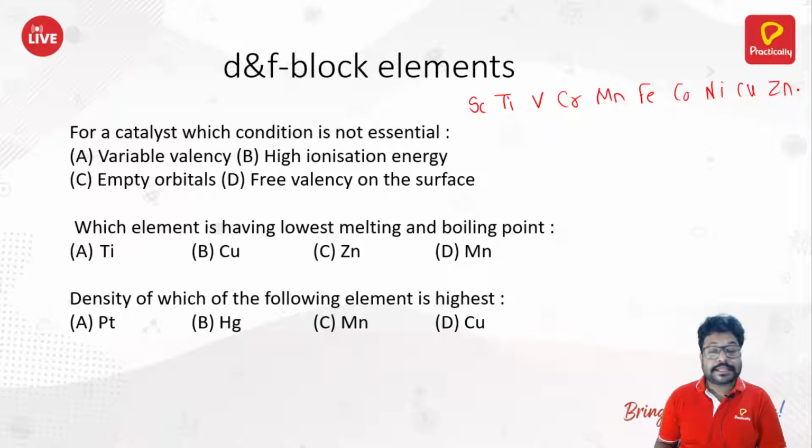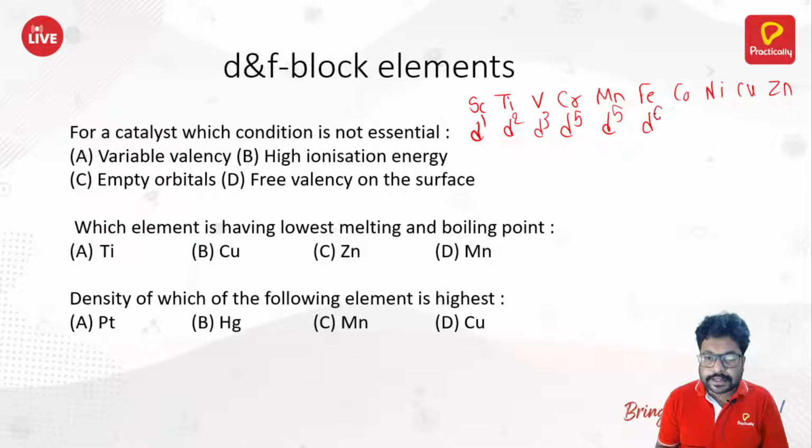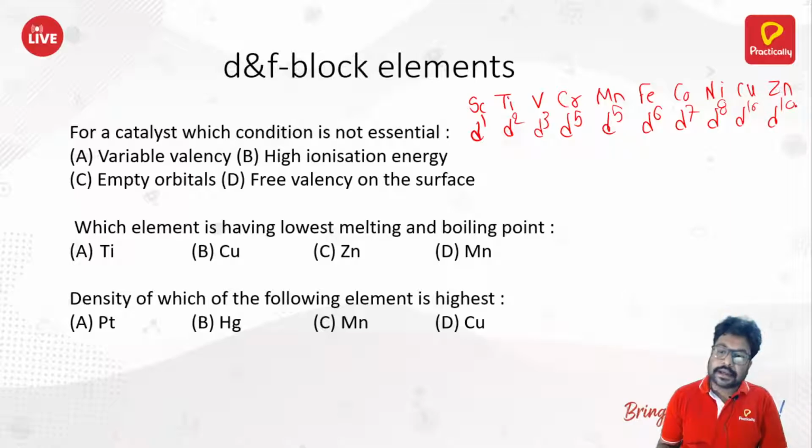As far as d electrons are concerned, you have d1, d2, d3, d5, d5, d6, d7, d8, d10 and d10. But copper does have 10 d electrons, but in the form of s electrons, it has one unpaired electron. Let me write the unpaired electrons also.